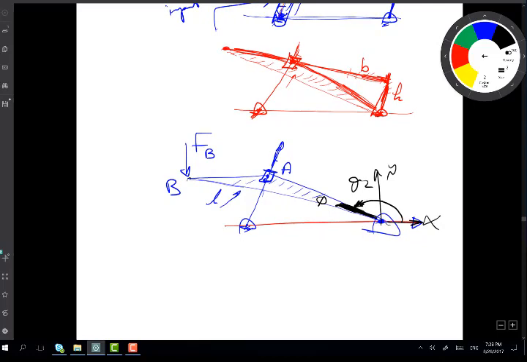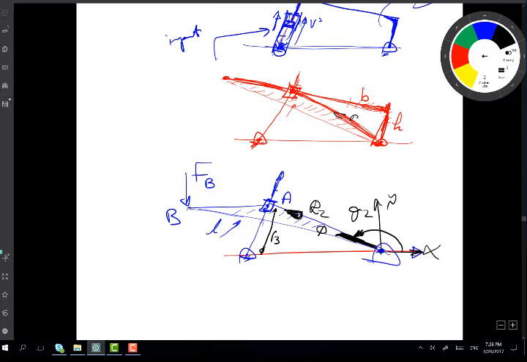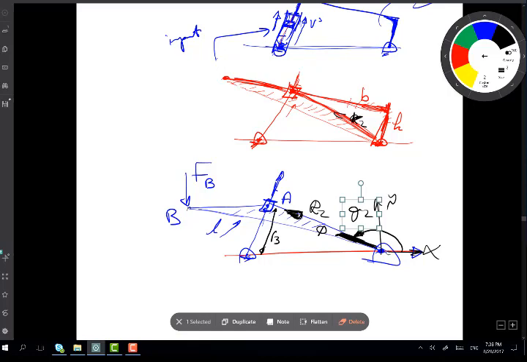So I can say this distance here is R3, and hence I have R2, vector R2. The length of R2, I'll write as small r2.